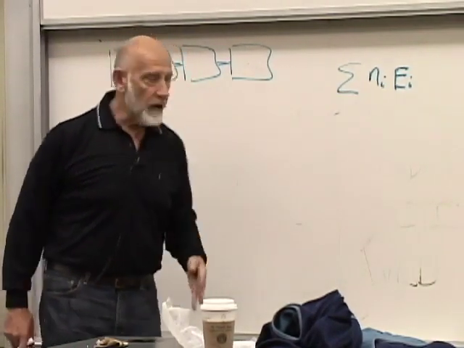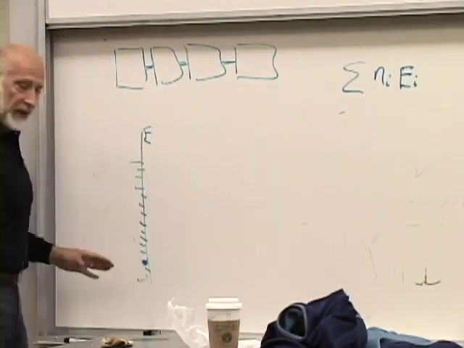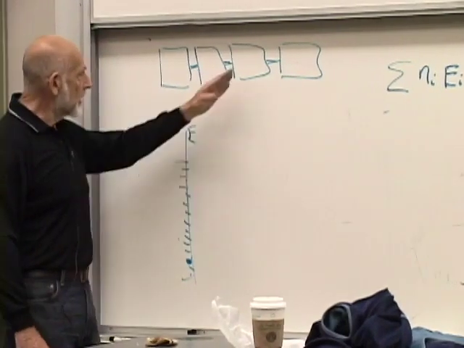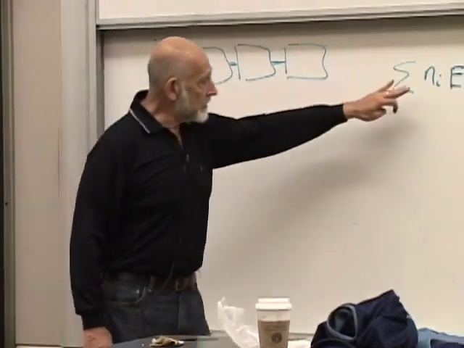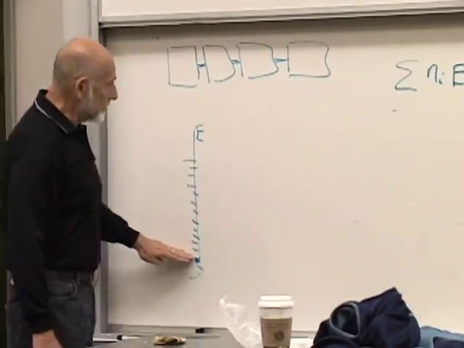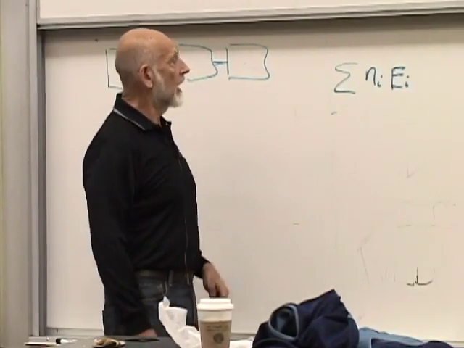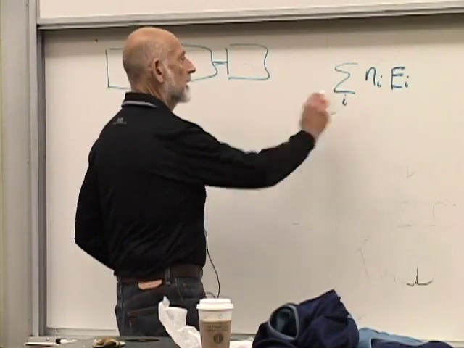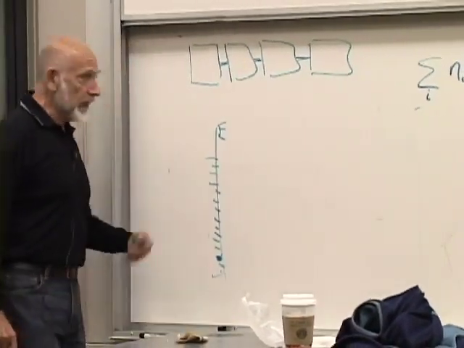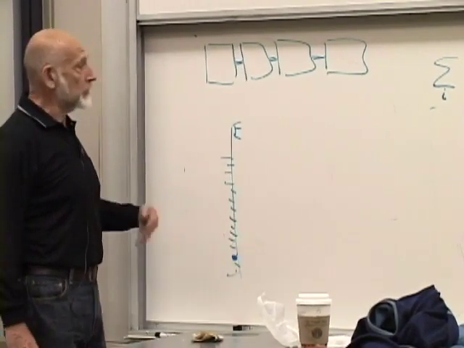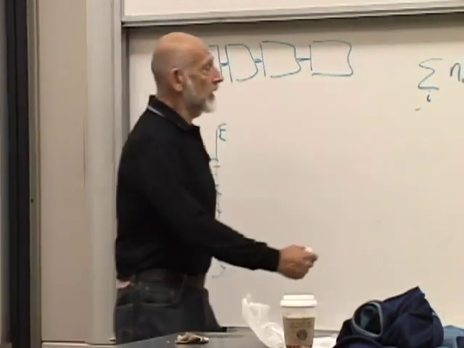N sub i is the number of boxes that occupy the ith state, or the number of boxes in which you will find the system in the ith state. N sub i times the energy of the ith state, if I sum it over all i, gives me the total energy. It's the number of boxes in the first state times the energy of the first state plus the number of boxes in the second state times the energy of the second state, and so forth. This has to equal the total energy.